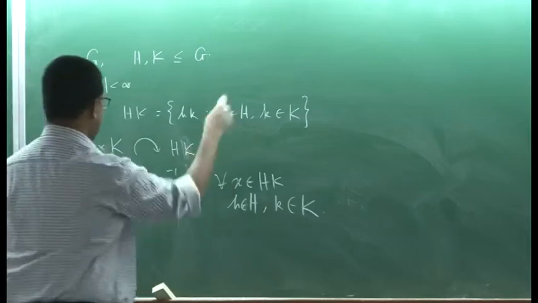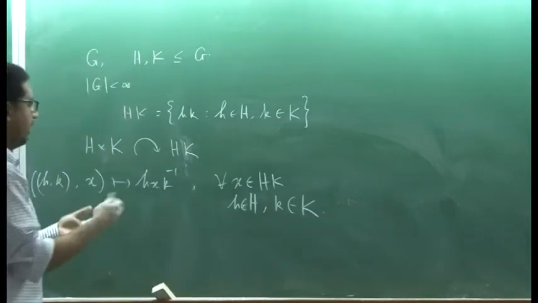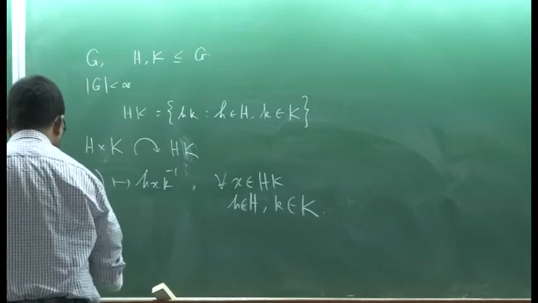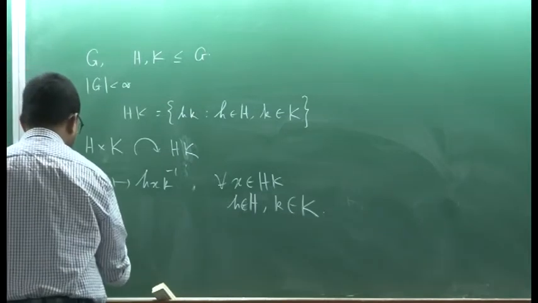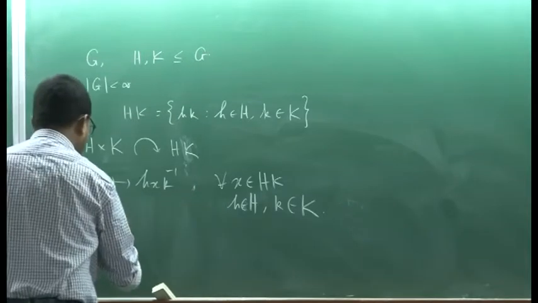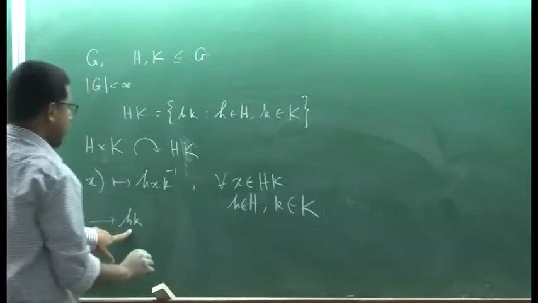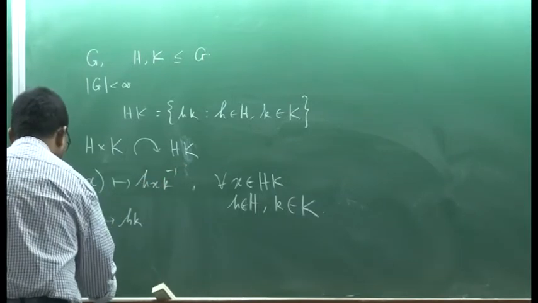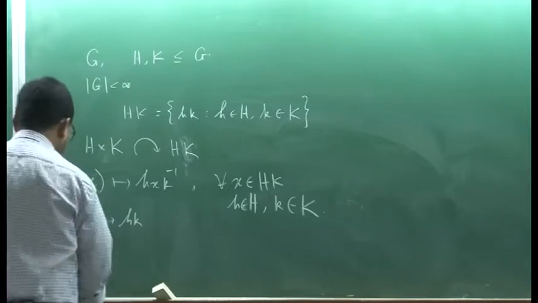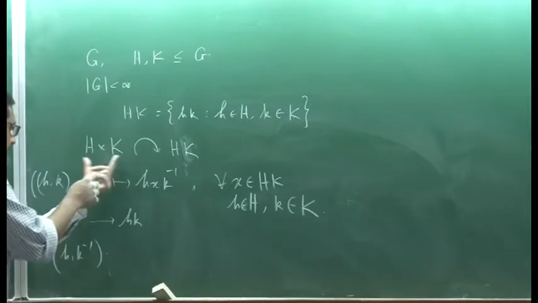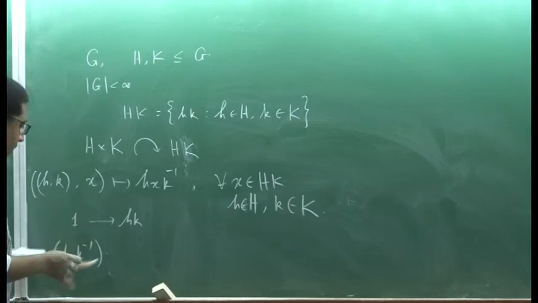Again we can immediately see that this action is irreducible because we can move the identity, which lies in this HK, to any typical element hk of HK if we apply the corresponding pair.